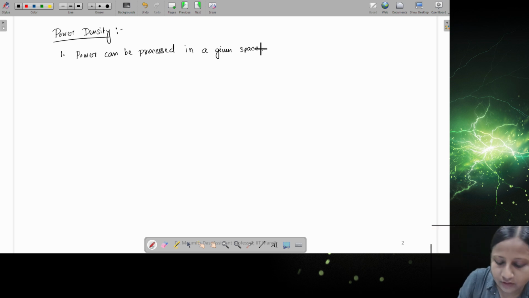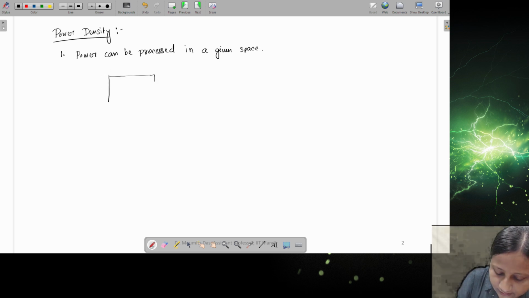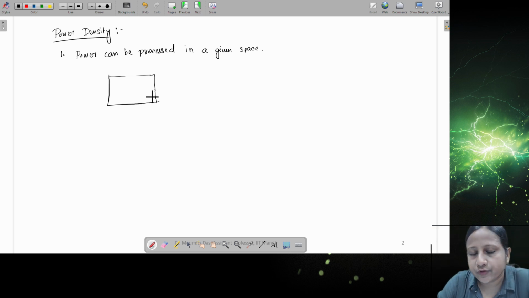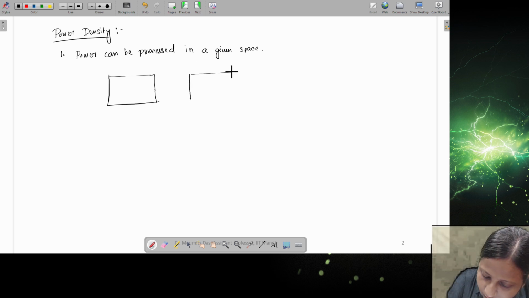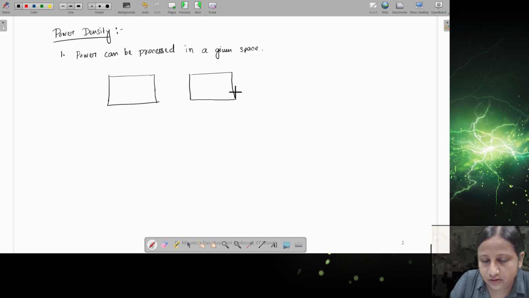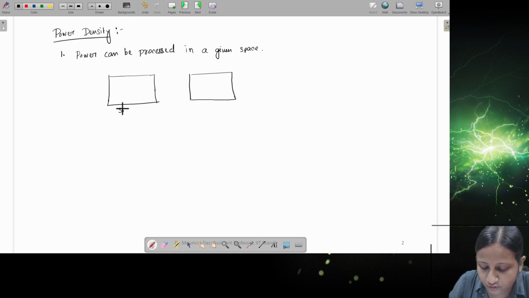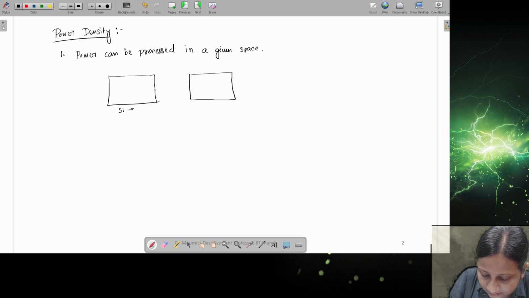Generally for silicon devices, considering low frequency operation, we need components having higher values. Components means the inductor, capacitor, and heat sink for the silicon based system. In the same space, for a silicon based system, let's say power P1 is processed.